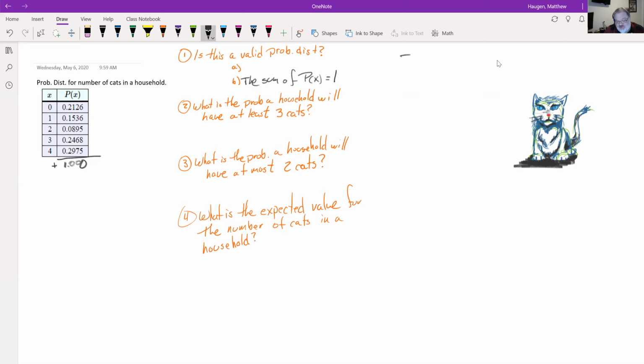The other qualifier, it's just as important, but it's not as common for it to be an issue. What is the other qualifier? What has to be true about all those probabilities?